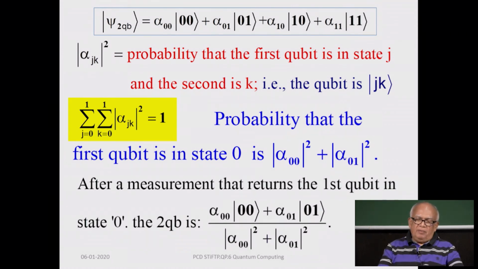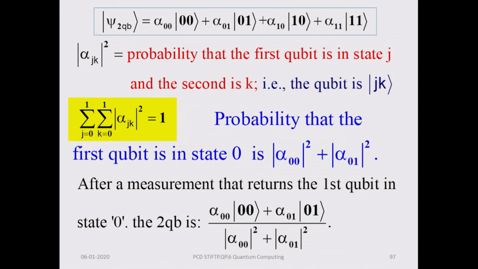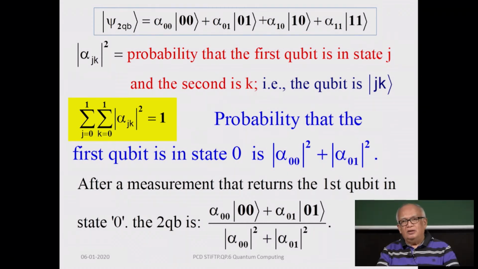Now if you carry out a measurement which returns the first qubit in the state 0, then the 2-qubit vector will be given by this superposition, because it will still have the possibility of the second qubit being in either state 0 or in state 1, and this whole state will be normalized. So you have to divide it by the sum of the squares of the complex coefficients, right?